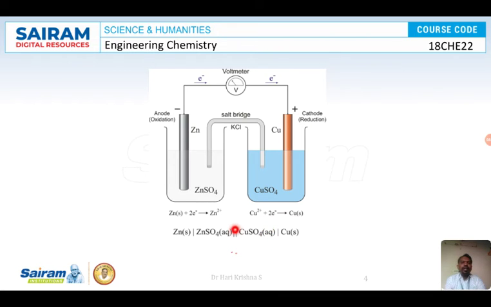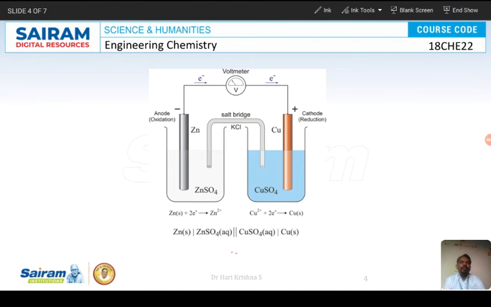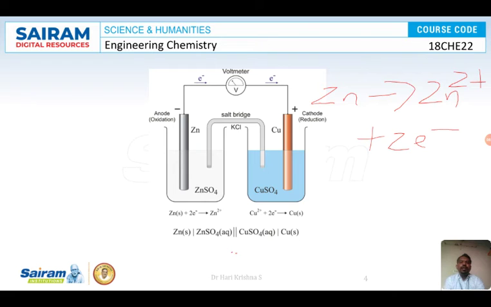So at zinc, what happens? Oxidation occurs. So write Zn slash ZnSO4. Zn gives Zn2+ and 2 electrons. Here, instead of the arrow mark, put a slash and write Zn2+. It is not necessarily required to write the electrolyte.